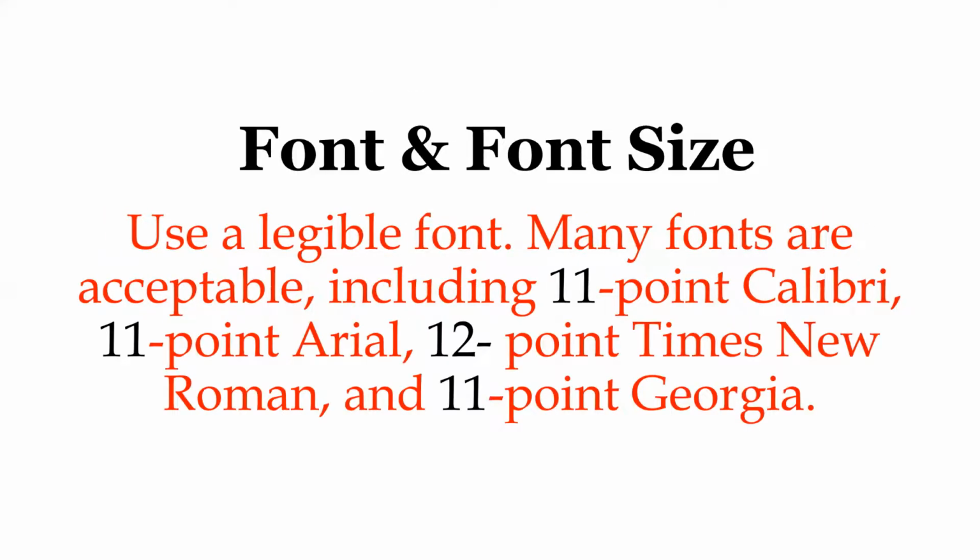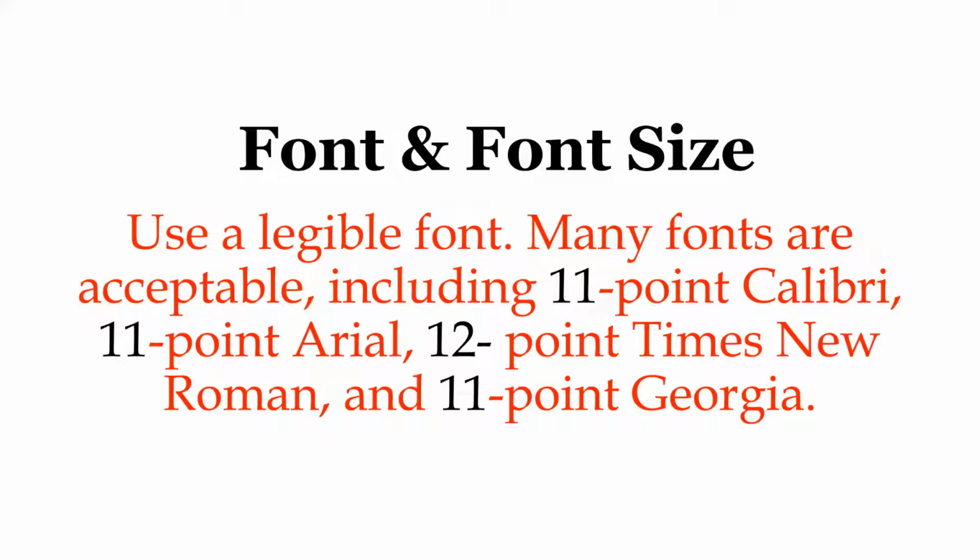Then we have font size and font name. In previous editions, we had a very strict requirement of 12 pt Times New Roman. But here you have the liberty to use lots of other legible fonts, which could be easily readable.